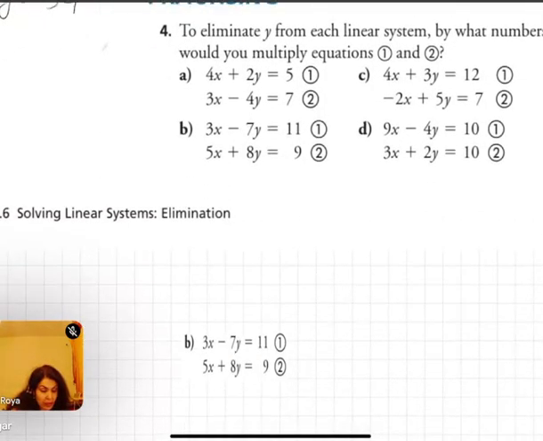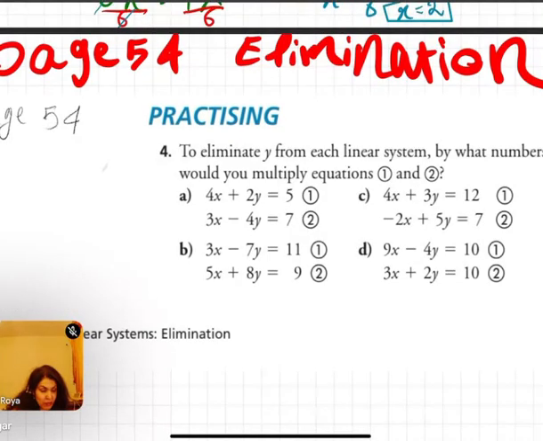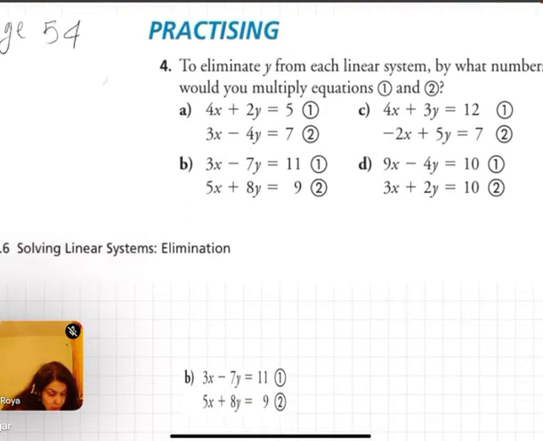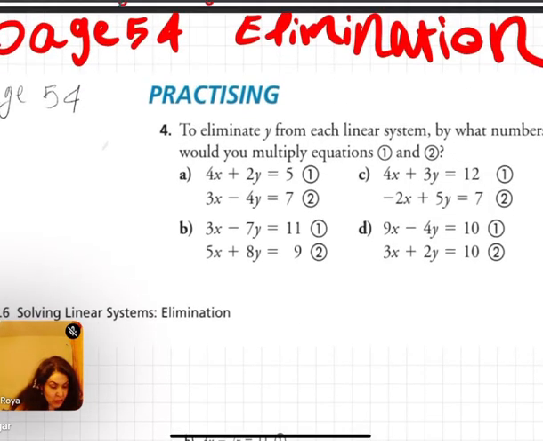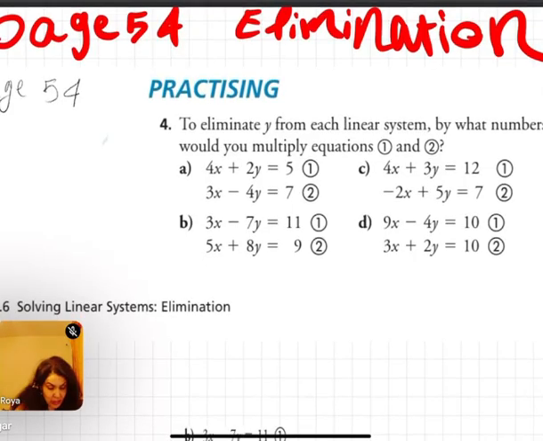In this question, page 54, we are using the elimination method. See, use elimination.